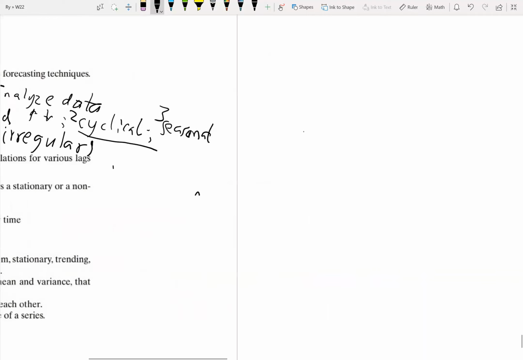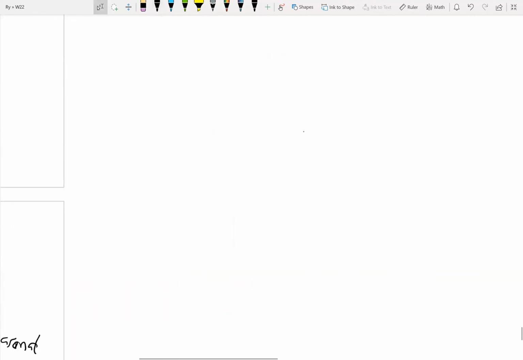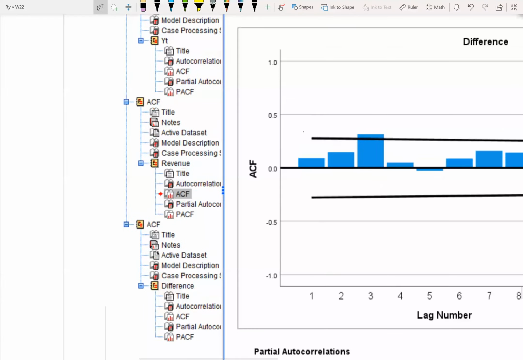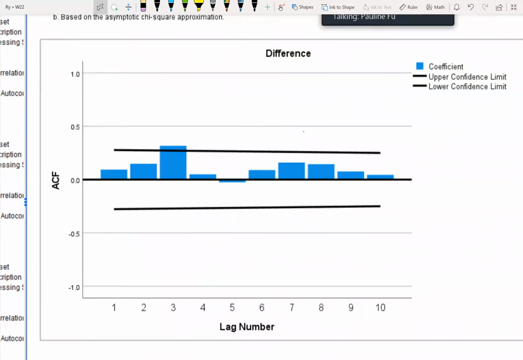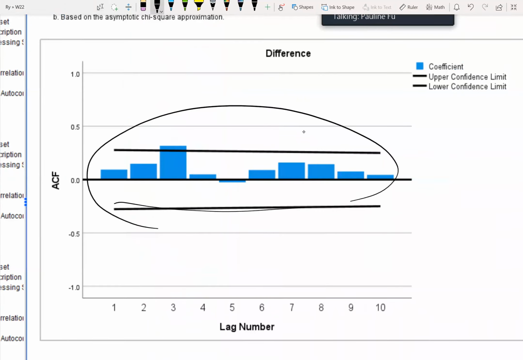I'll give you one example of a correlogram. This is a correlogram, and this is how it analyzes autocorrelations.